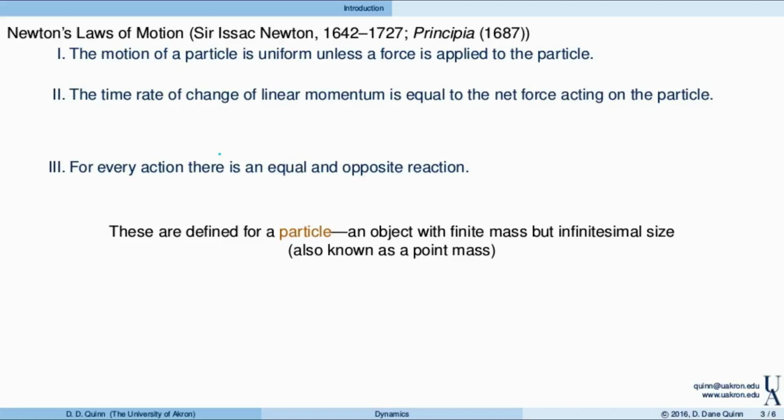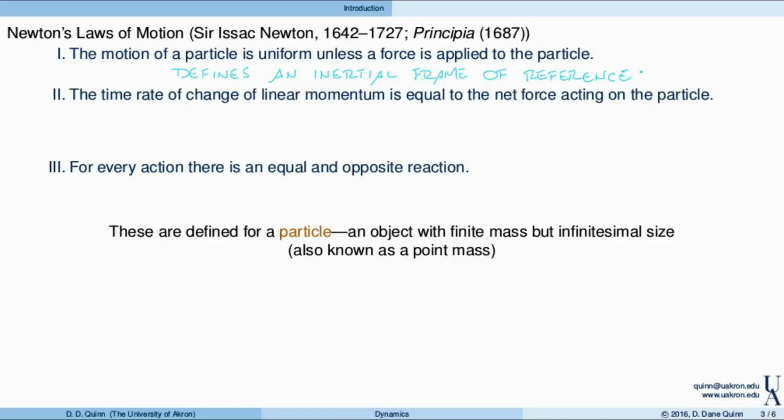So, a little bit more about these. Law 1 defines an inertial frame of reference. An inertial frame of reference is one in which Law 1 holds. So in general, for engineering applications, the ground is taken to be an inertial frame of reference.